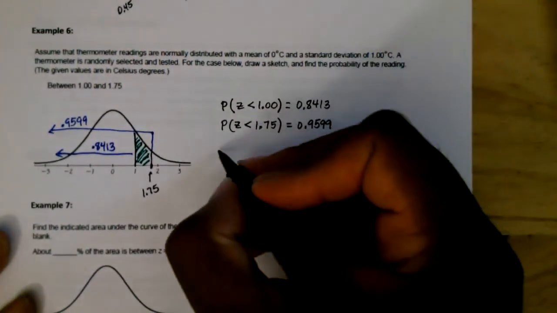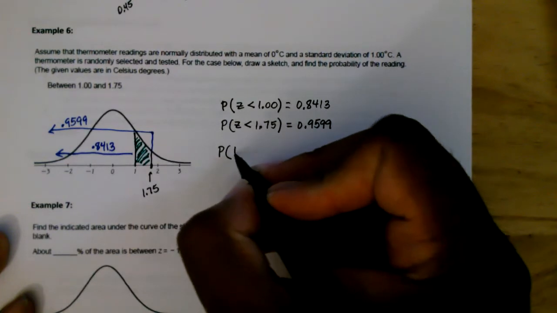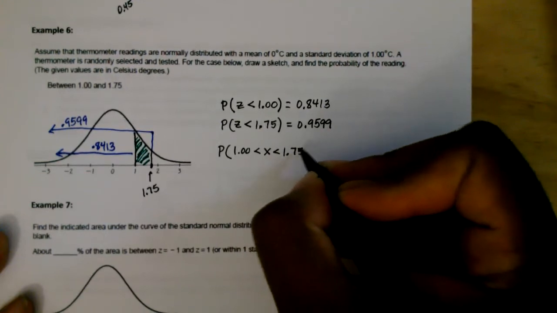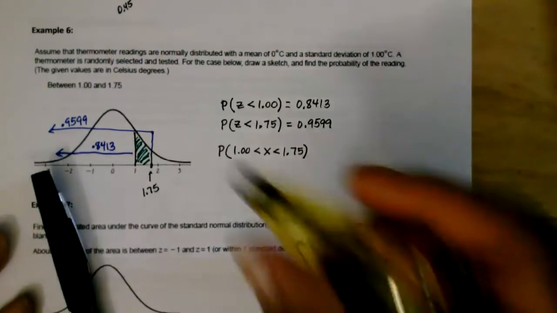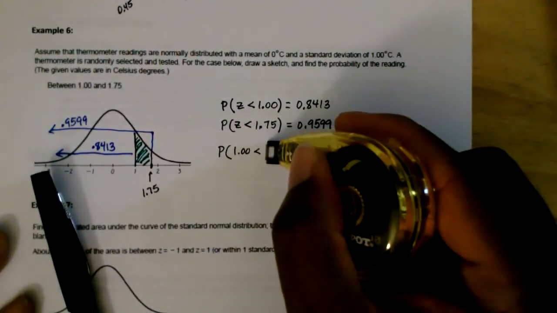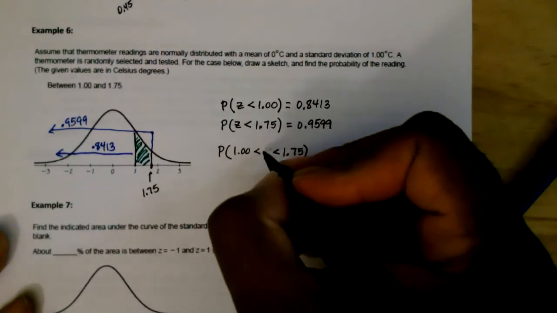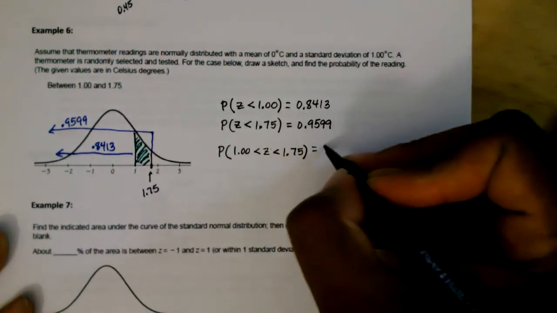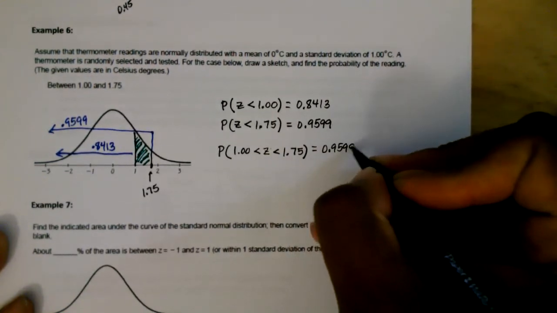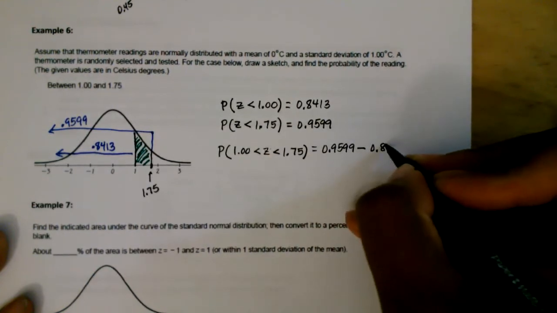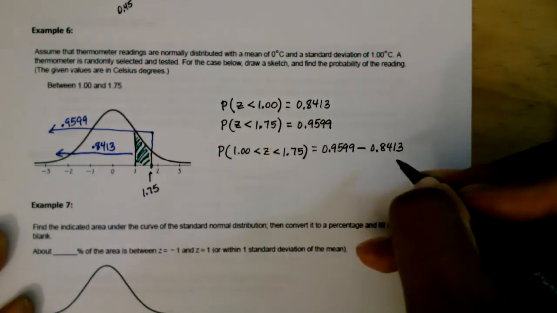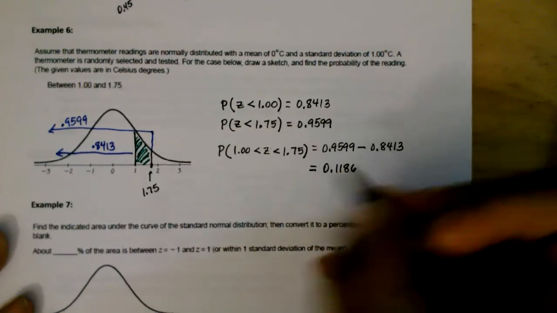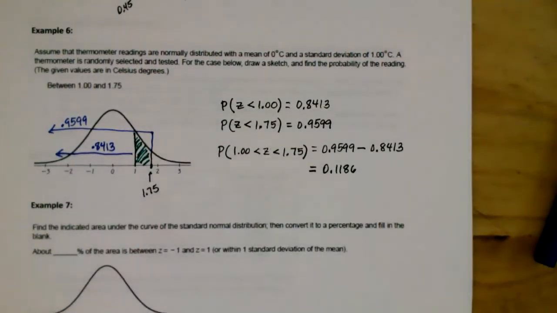So the probability that Z is between 1.00 and 1.75, we just subtract the larger probability of 0.9599 minus the smaller of the two probabilities, 0.8413. And that difference will be 0.1186. That's this shaded area in between 1.00 and 1.75.